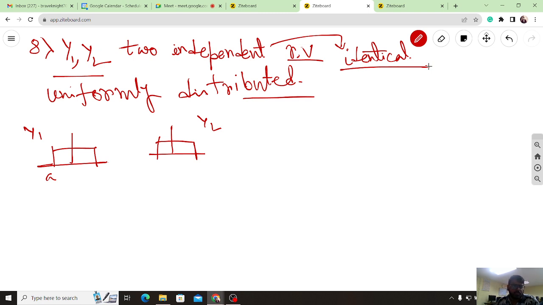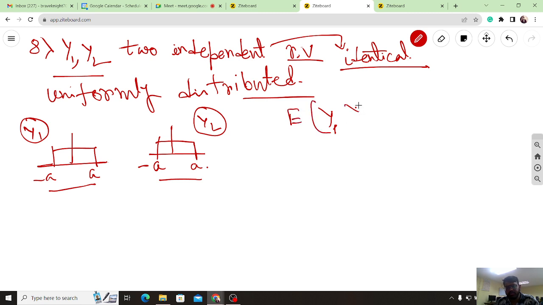So y1 is the distribution that stretches from minus a to a. Similarly, y2 is also stretched from minus a to a. These are two different random variables, but both of them are uniformly distributed. They are independent of each other. So y1 and y2 are independent.